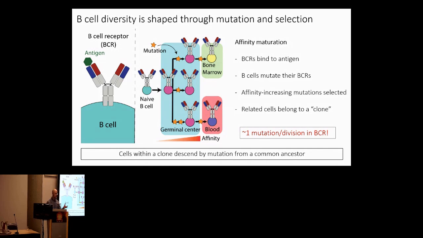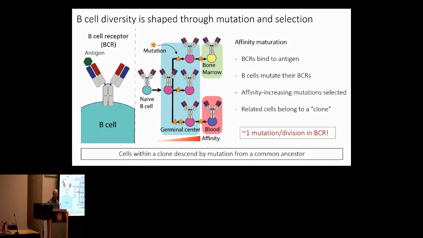Some of those mutations improve binding of the resulting antibodies. Some of them decrease binding. The mutations that improve binding are selected, so those B cells survive more, and the ones that decrease binding are selected against, so those B cells die. So we have this cyclical process of mutation and Darwinian selection that overall improves the binding affinity of the antibodies that are produced.